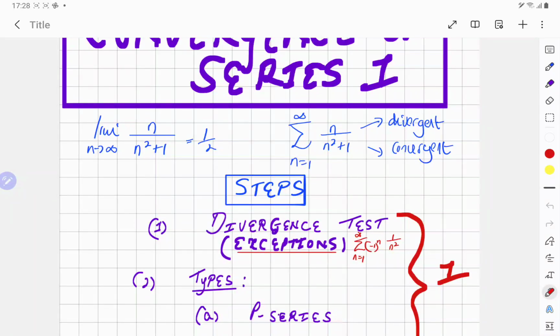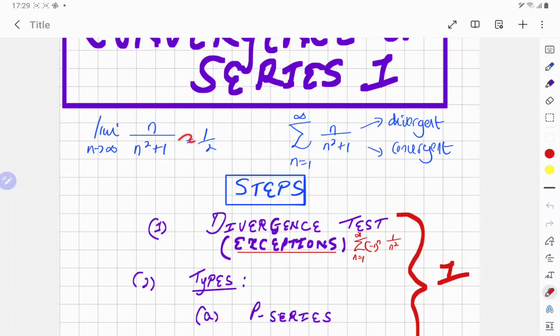Now in my videos on L'Hopital's rule, I'm sure you've noticed it's all about finding the limit of a sequence. And then in my videos I did explain the 7 indeterminate forms that you can use. And then, for instance, here we see that we get infinity over infinity, and if we derive, we get a half.